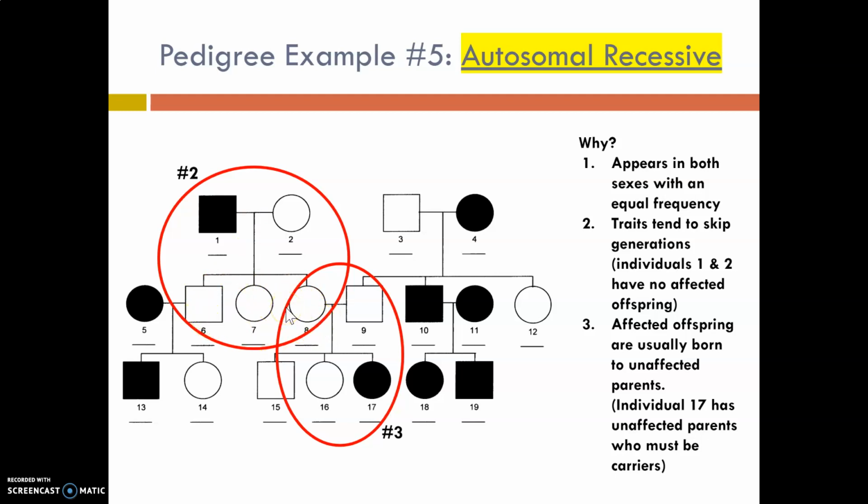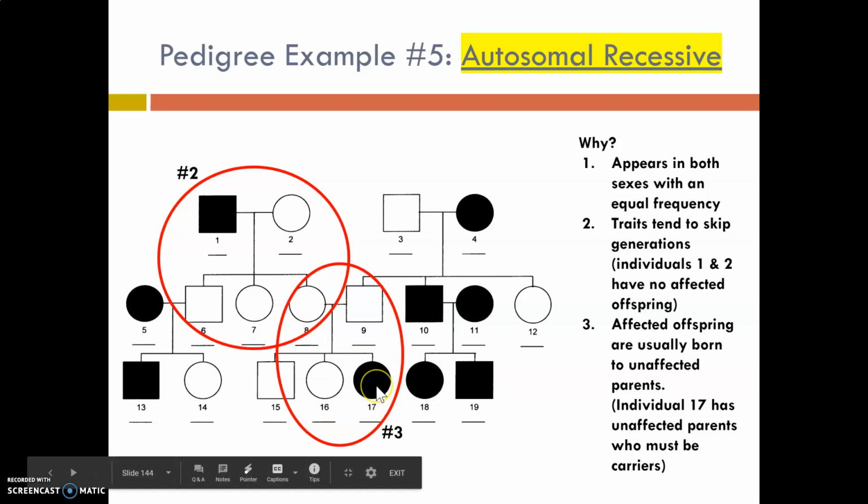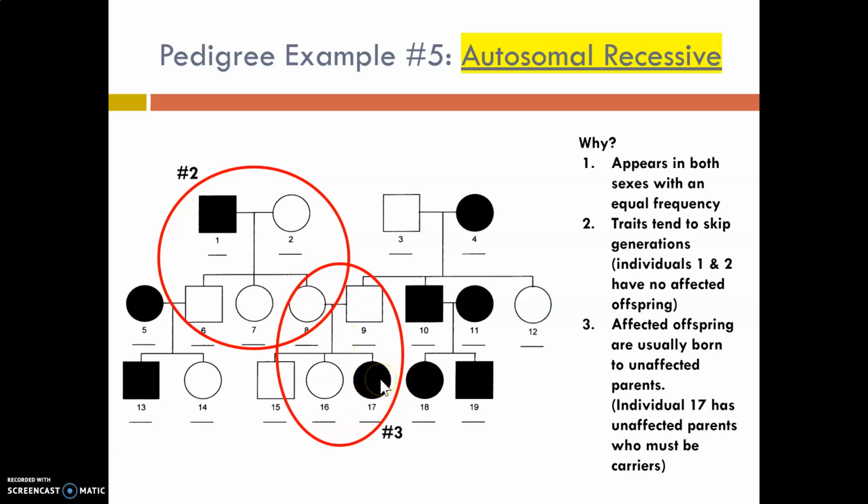And then the last thing to identify this as autosomal recessive is that affected offspring are usually born to unaffected parents. So if we take a look down here at individual 17, their parents are 8 and 9. Individual 17 is affected, but 8 and 9 are not.